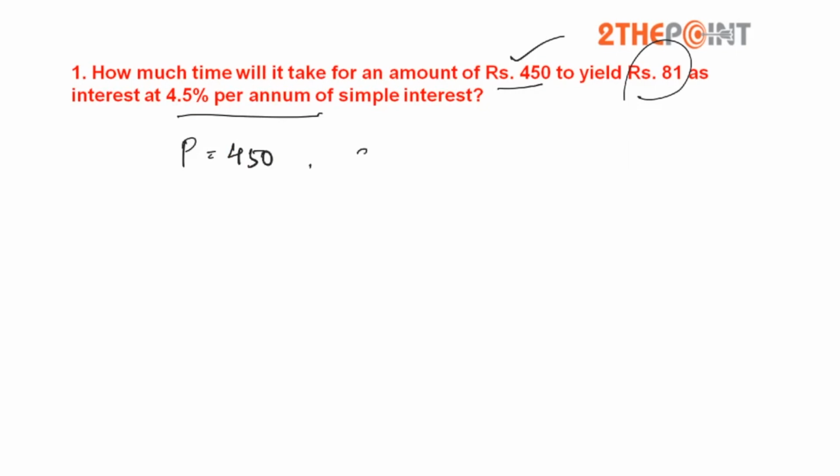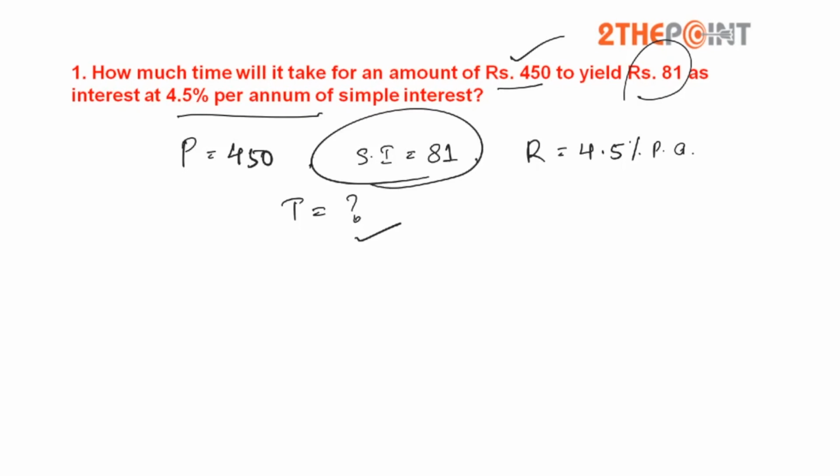It yields means nothing but that simple interest. That is nothing but rate of interest is 4.5% per annum, and here we have to calculate the time, how many years it takes to get the simple interest 81 rupees for the amount of 450 rupees at the rate of interest of 4.5%.